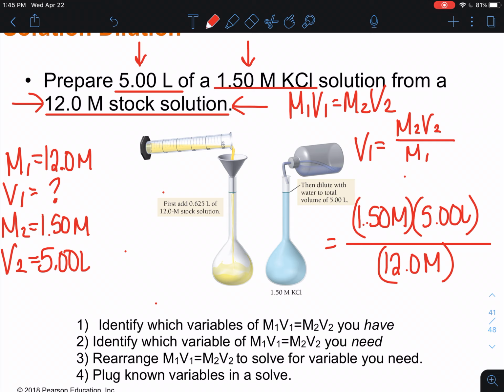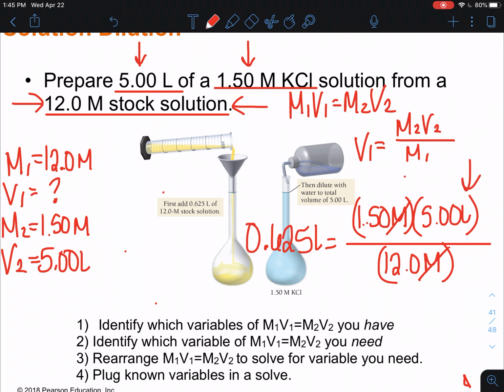And that's going to give us 1.50 multiplied by 5.00 over 12.0. So that's going to give us 0.625, and our answer is going to be in liter. Again, you can see that because our units cancel, so our answer has to be in liter, right?